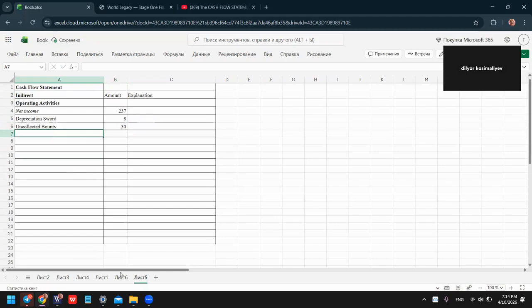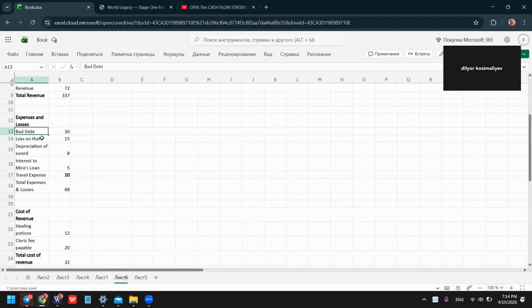And then there is loss on theft. Actually, this one is a bit tricky because she lost her purse, and you can say she just lost the purse, maybe it was worth 15 gold pieces, but it was not really like that.